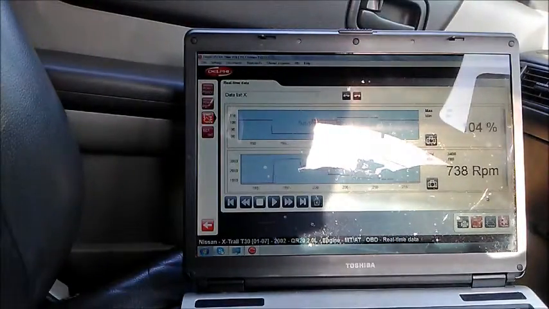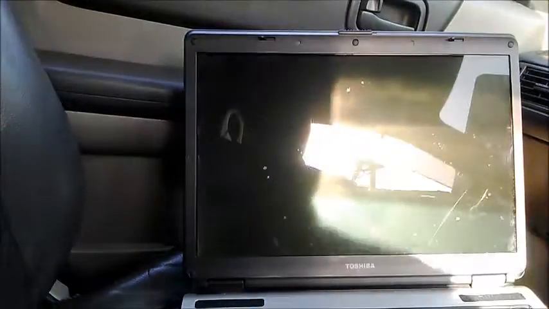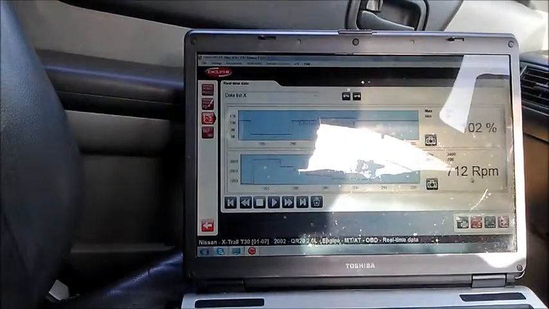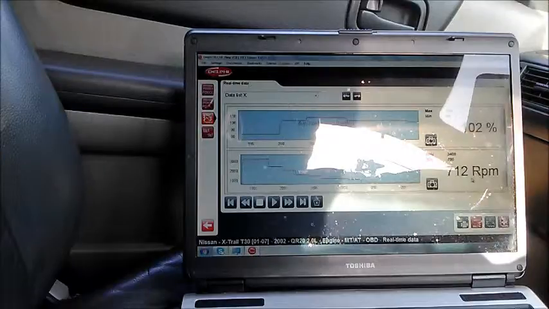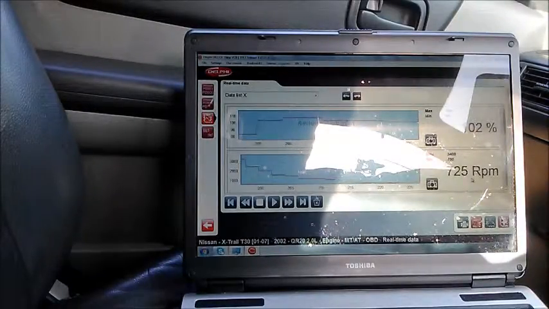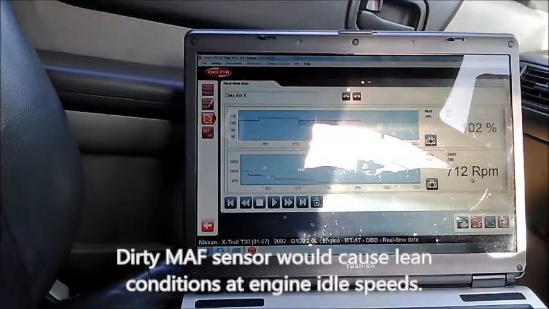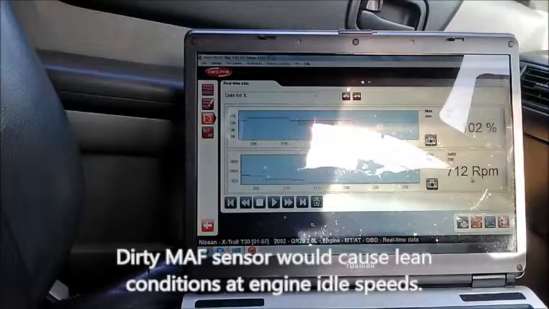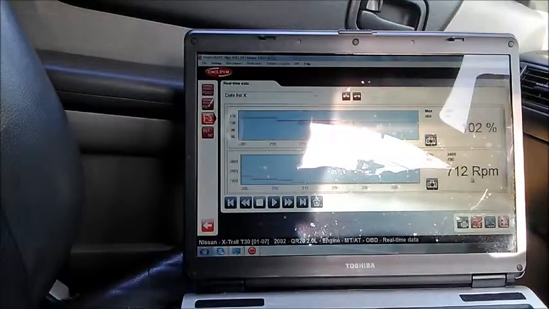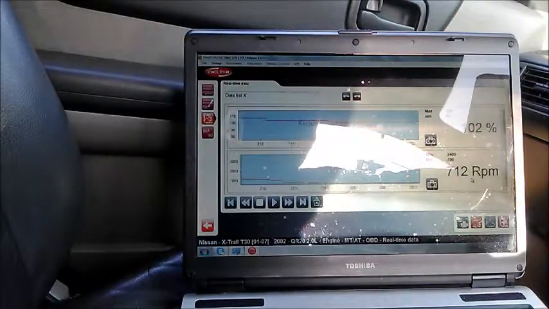No, it can't be a bad mass airflow because it's almost just a little bit rich at idle, going lean at high RPMs. It's looking more like the odds, I would say, would push it more towards being fuel pressure related issues.